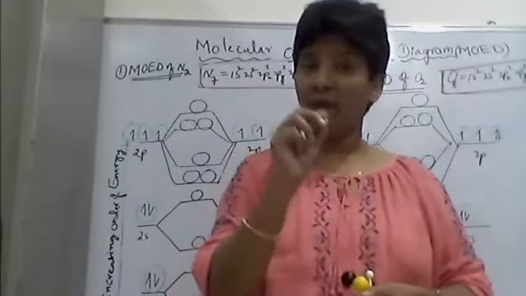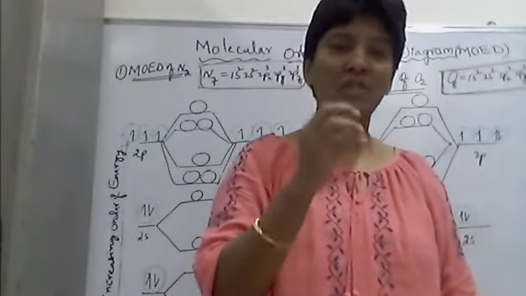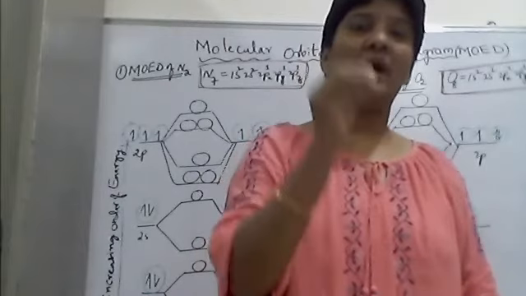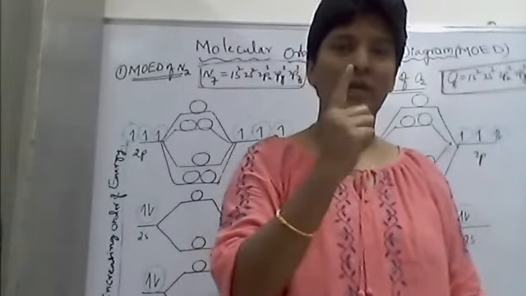So whenever a single unpaired electron is there, it spins and produces a magnetic field. Any species having at least one unpaired electron spins and produces a magnetic field, so that molecular species will have a net magnetic moment.